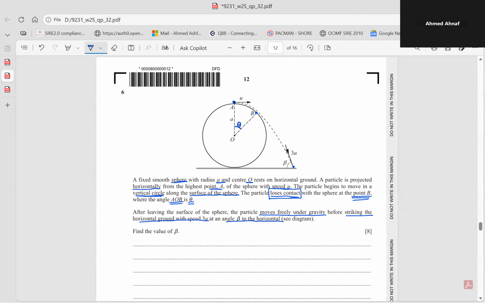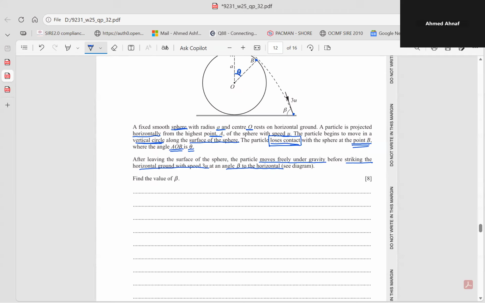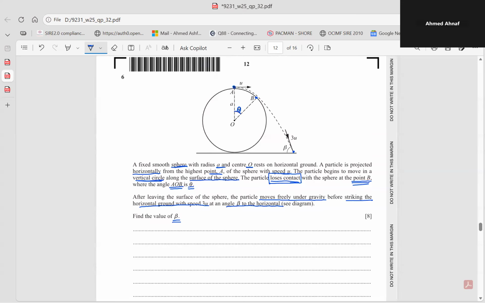So using this, we need to find the value of beta. First things first, to find the value of beta, we obviously have to know the speed at this point where it loses contact with the sphere, so basically the speed at point B.